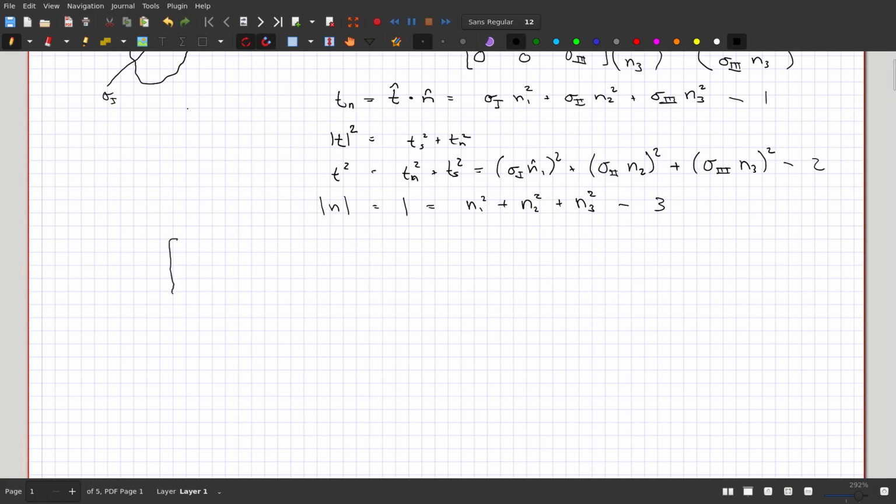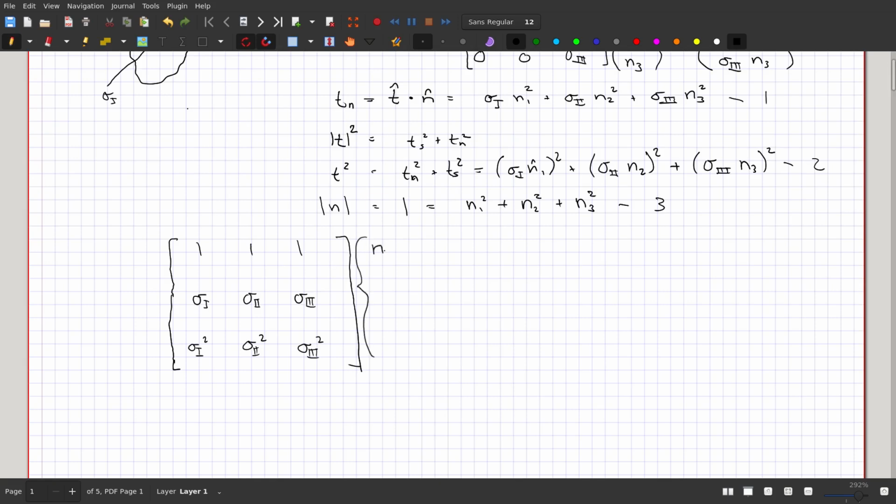So I'll write that down. That would look like this. I'm just going to write down a system of equations. We'll have 1, 1, 1; sigma 1, sigma 2, sigma 3; sigma 1 squared, sigma 2 squared, sigma 3 squared; times the n squareds, n1 squared, n2 squared, n3 squared.